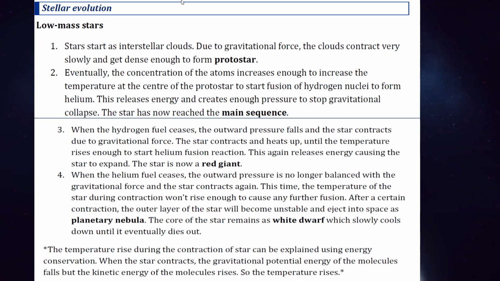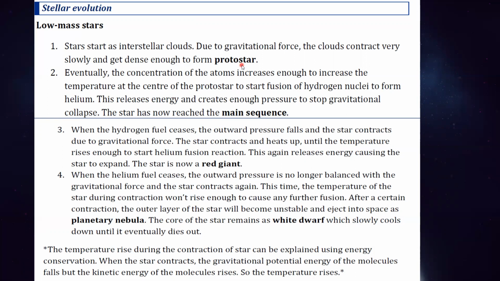So how does the star evolve? Star formation: the star basically starts with interstellar clouds, which consist mainly of hydrogen, helium, and dust. Due to the gravitational force, the cloud contracts very slowly and gets dense enough to form a protostar.